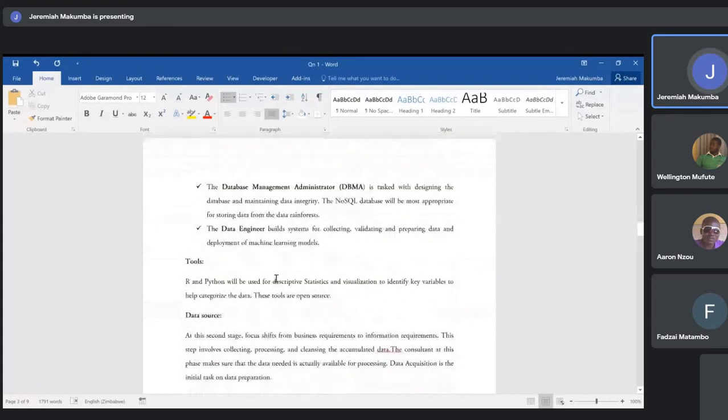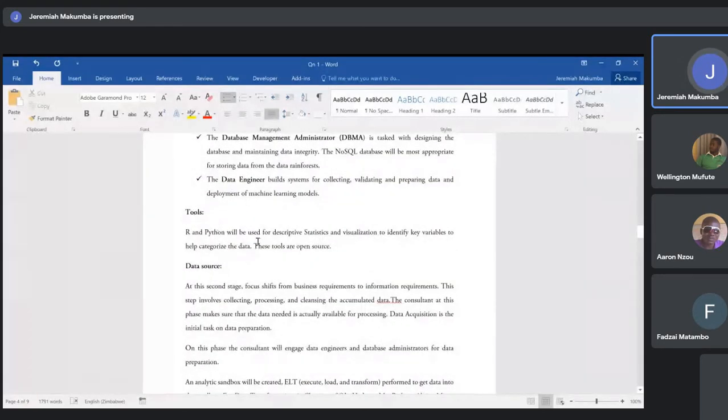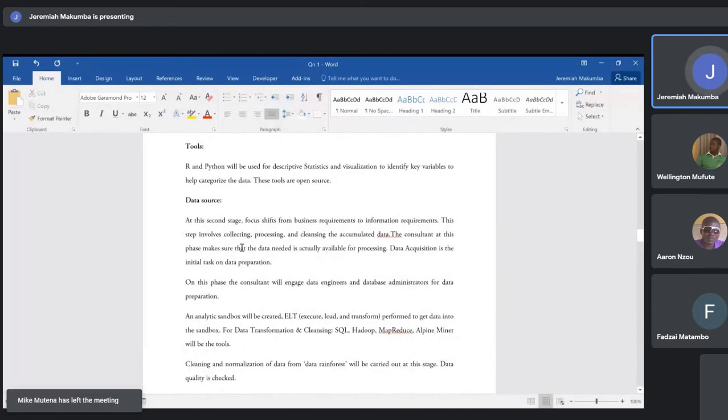Then on this one, the tools to be used, we have selected R and Python to be used for descriptive statistics and visualization to identify key variables to help categorize the data, right? Then data sources for this one.